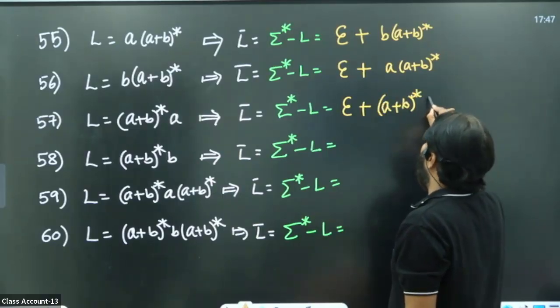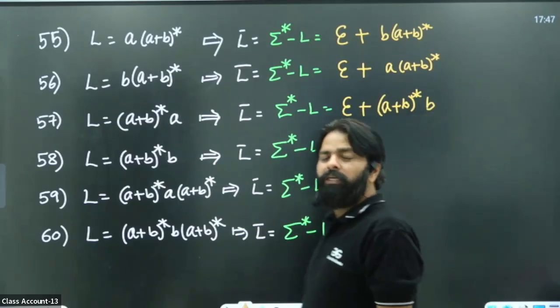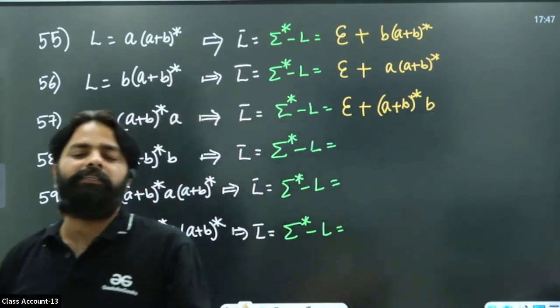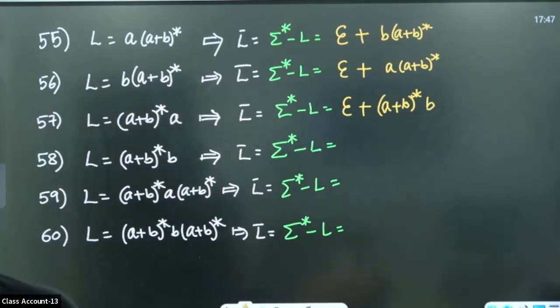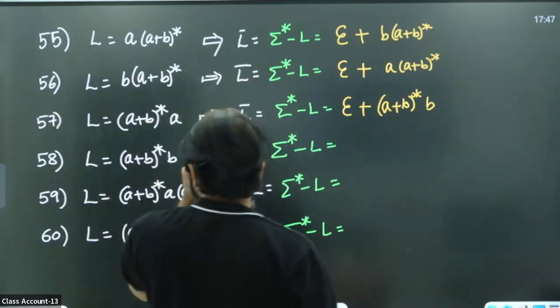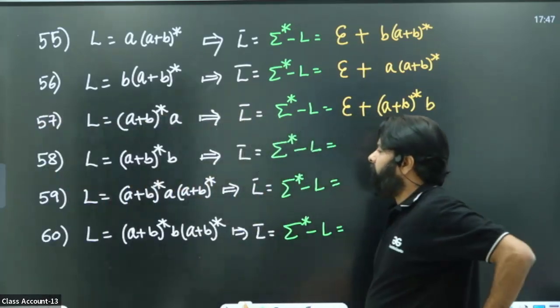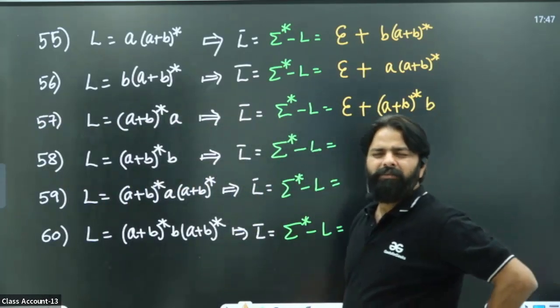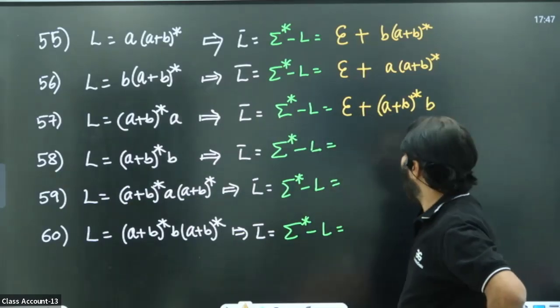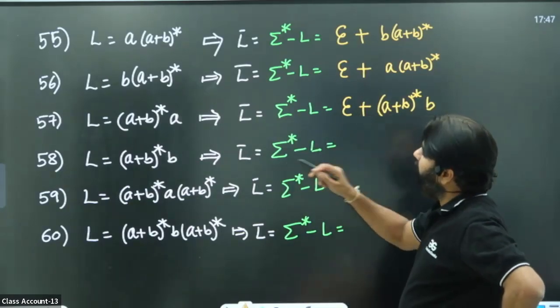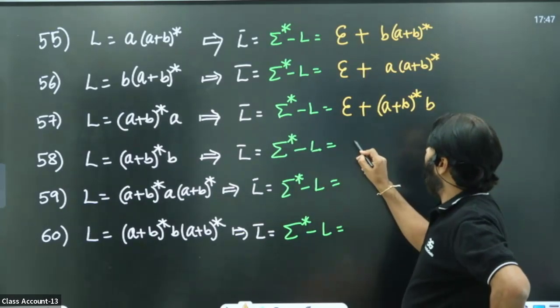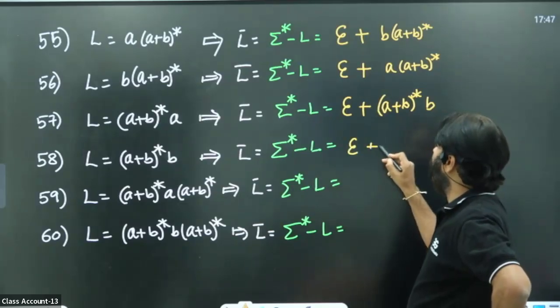And for ending with A complement, don't just say ending with B, even though that is true, because in one case it fails, right? When it is epsilon. Don't say the complement of ending with B is starting with B. That will not work, okay? Ending with B complement is ending with A union epsilon.